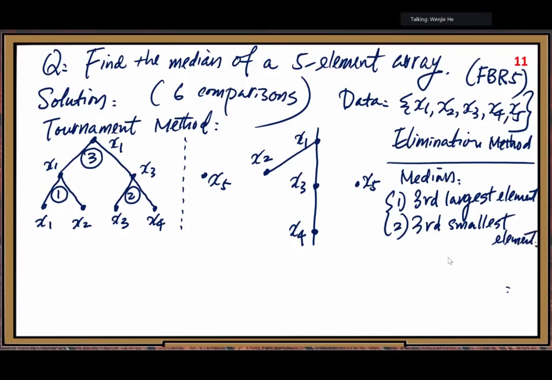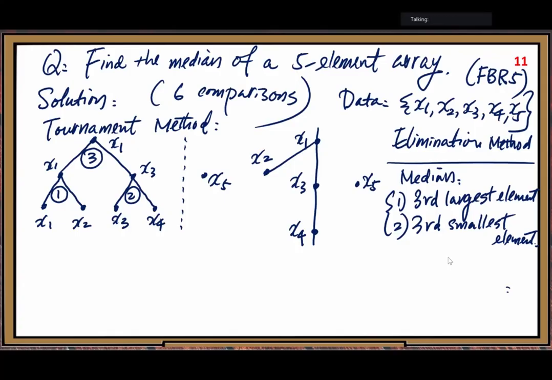Based on this understanding, either third largest or third smallest, now you answer the question: which element has no chance to be the median? It cannot be the third largest or third smallest. If one is true, we can eliminate. X4, is it smaller than X2? We don't know which one is larger or smaller, unknown. Then you cannot say anything.